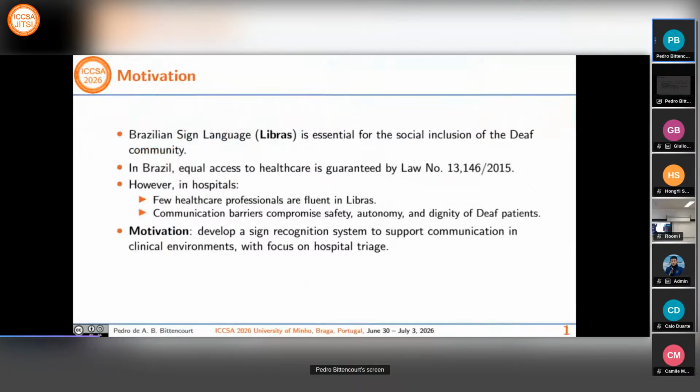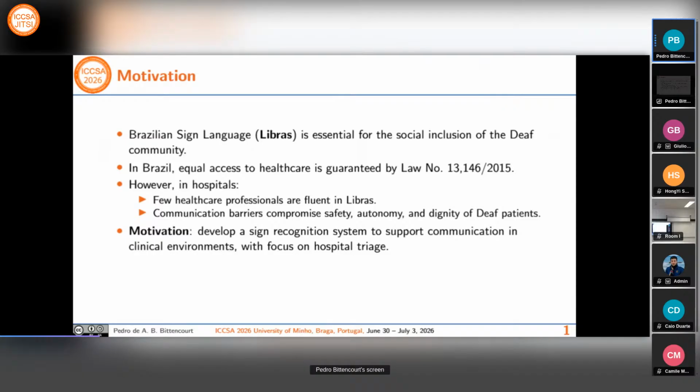Let me start with the motivation. Brazilian Sign Language, known as Libras, plays a fundamental role in the social inclusion of the deaf community. In Brazil, equal access to healthcare is guaranteed by law, specifically law number 13,146 of 2015. However, in practice, the situation in hospitals is quite different.